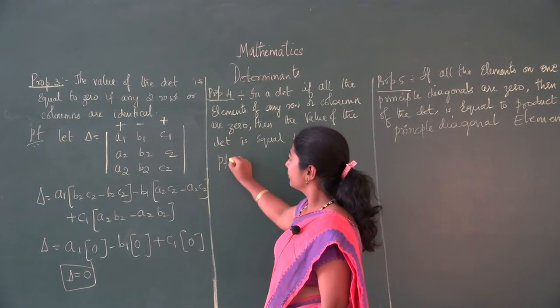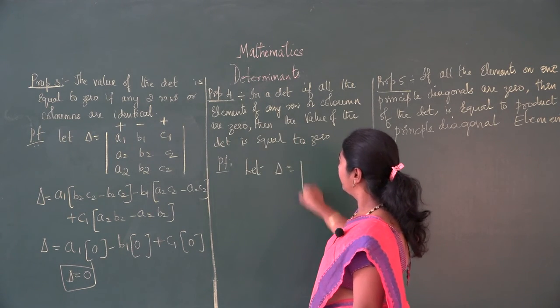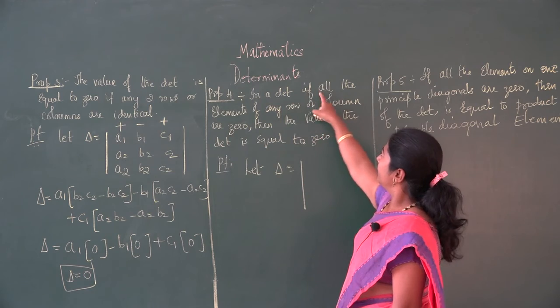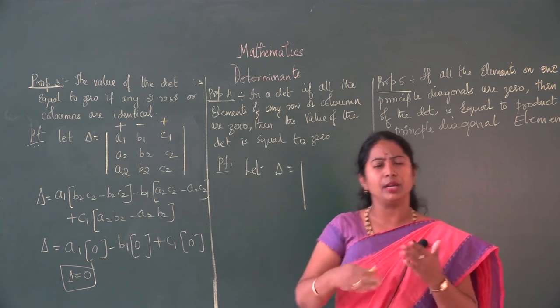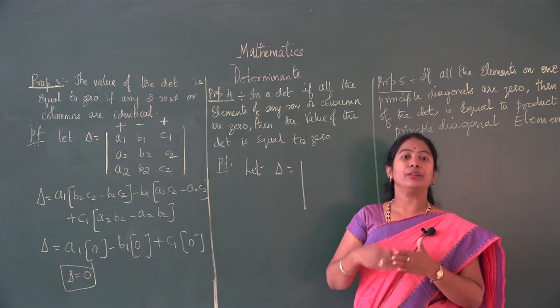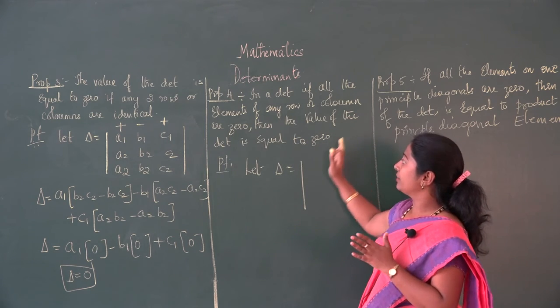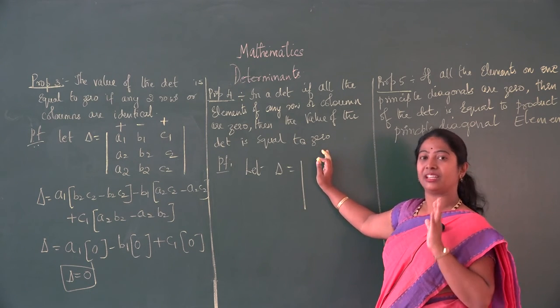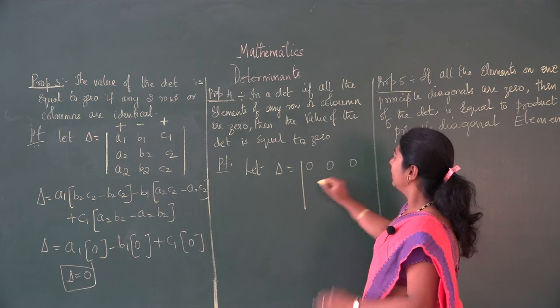Proof: let delta be the determinant where all the elements of any row or any column, maybe R1, R2, R3 or C1, C2, C3, are equal to 0. Here I will consider all the first row elements to be 0.